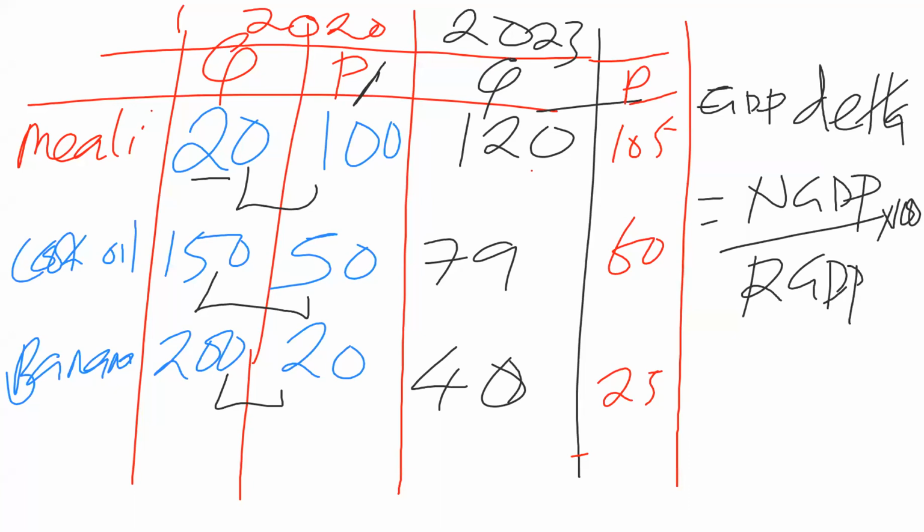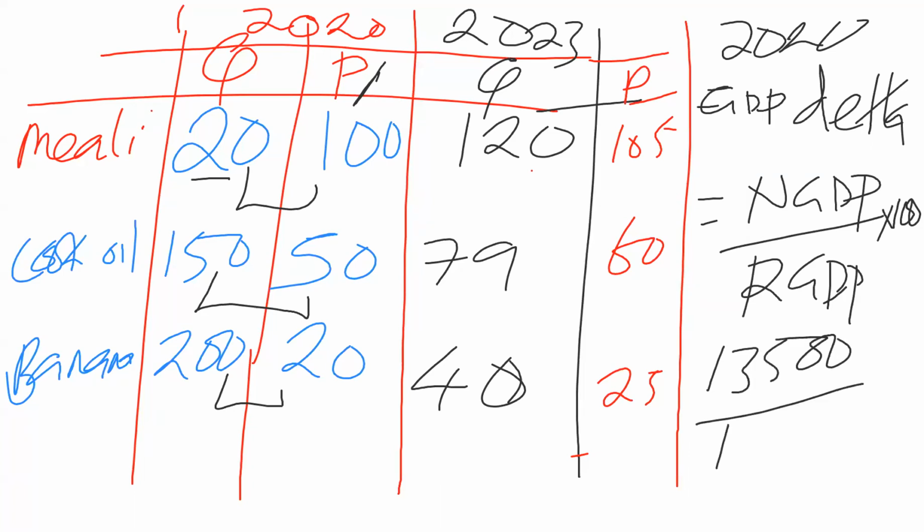So what is the nominal GDP? Let's start for 2020. What's the nominal GDP for 2020? 13,500 over the real GDP for the same year.